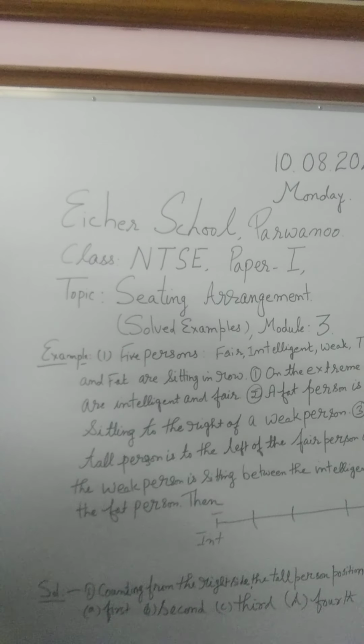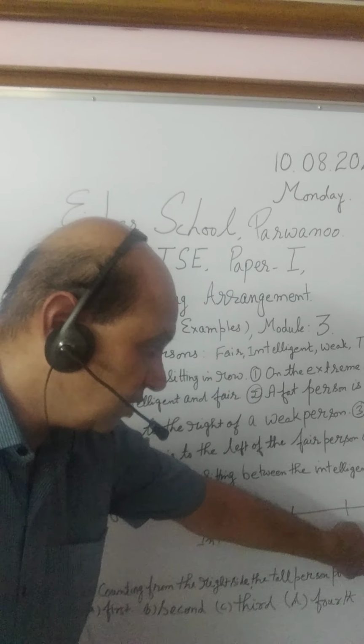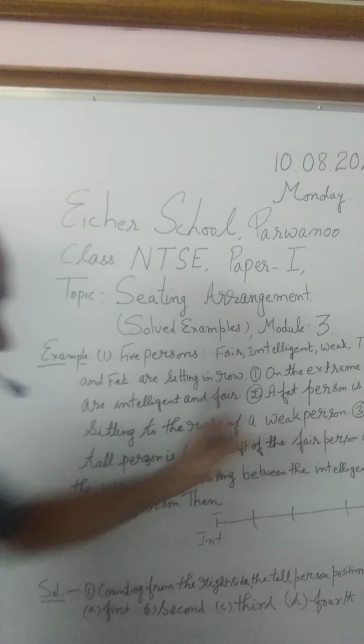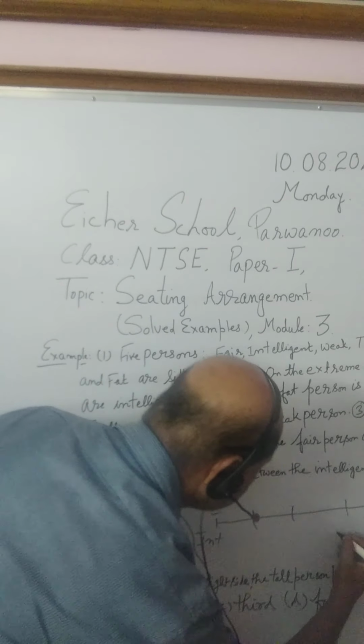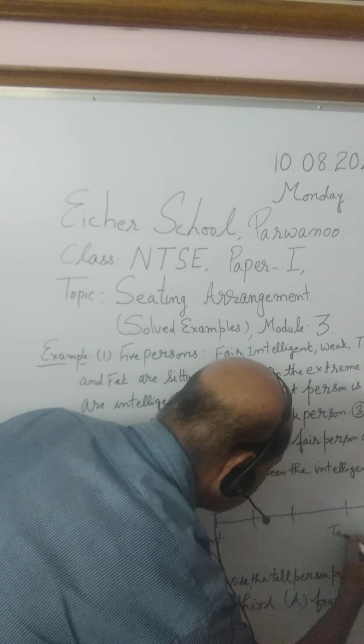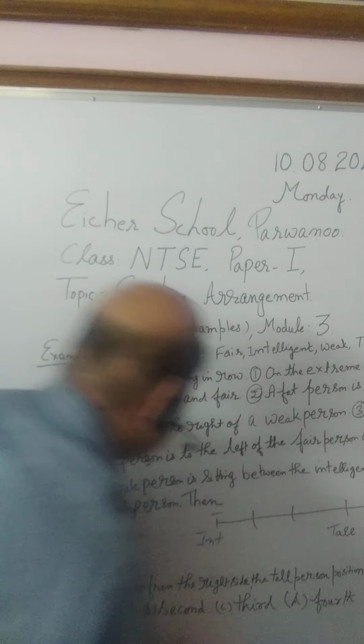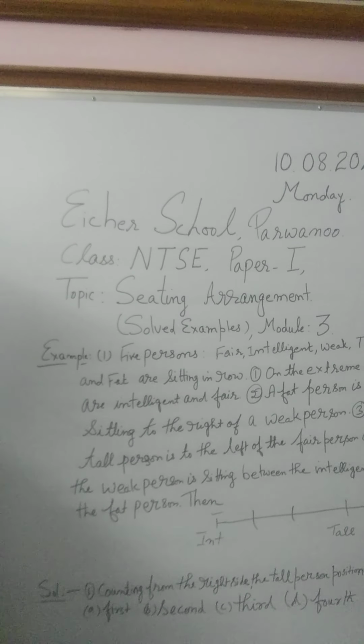Then a tall person is to the left of the fair person. Here I get a clue that wherever a fair person is, tall person will always be to the left of him. So I write here tall like this. Then the second part of the third line: the weak person is sitting between the intelligent and the fat person.